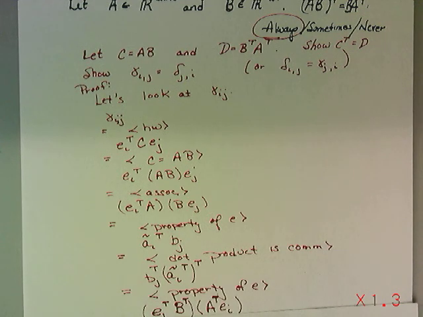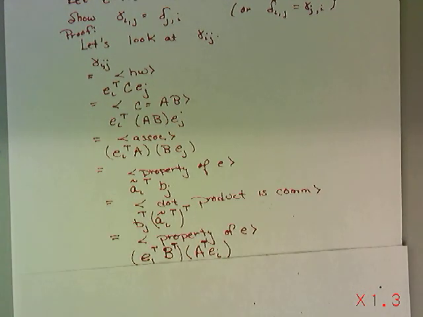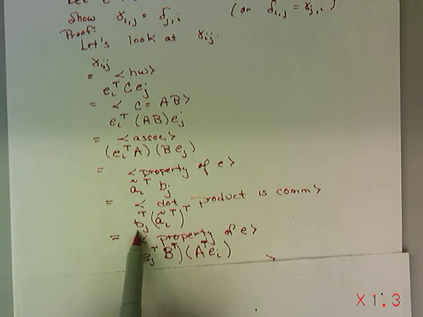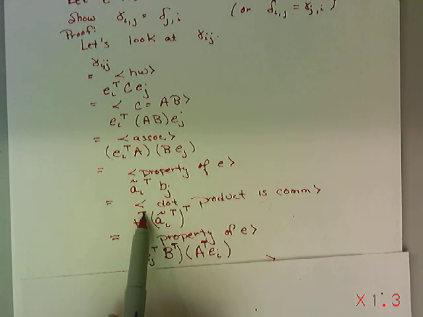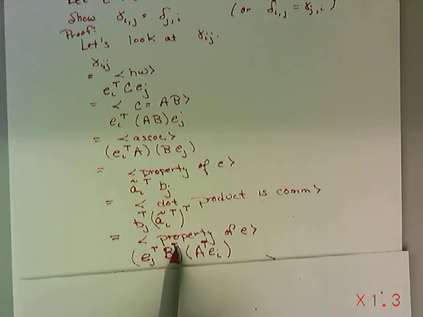And then by property of unit basis vectors, I can write the jth column of B as, since it's a row vector, the transpose of the jth unit basis vector with B transpose. Now, how did I get this?